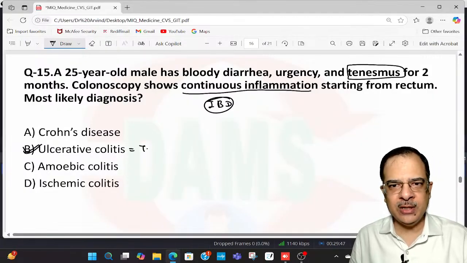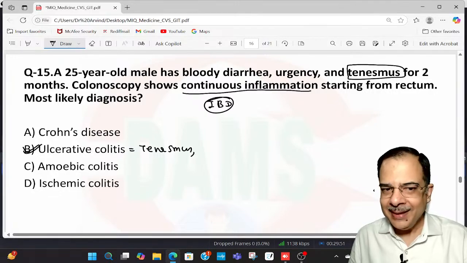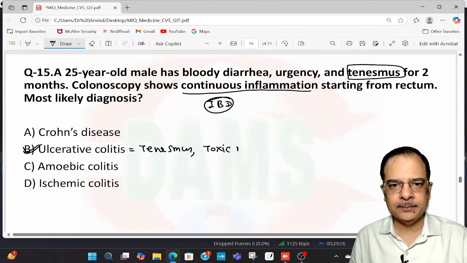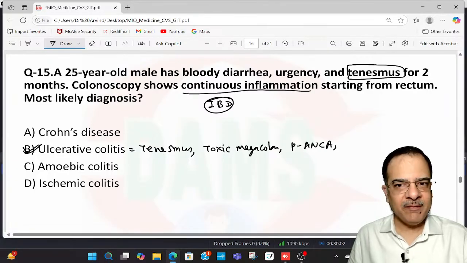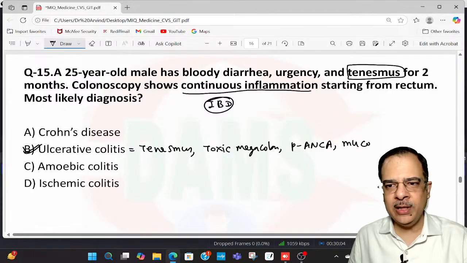You should diagnose ulcerative colitis with these features: tenesmus, association with toxic megacolon, p-ANCA antibody, and very importantly, only the mucosa is involved.